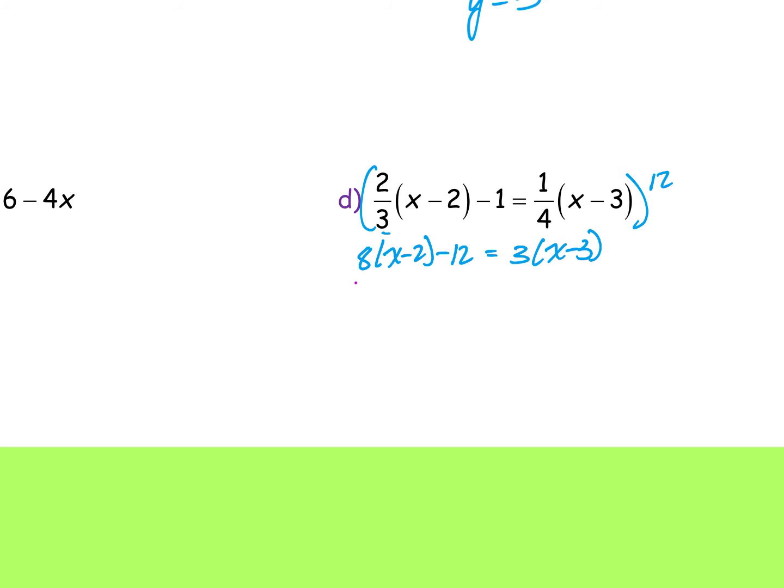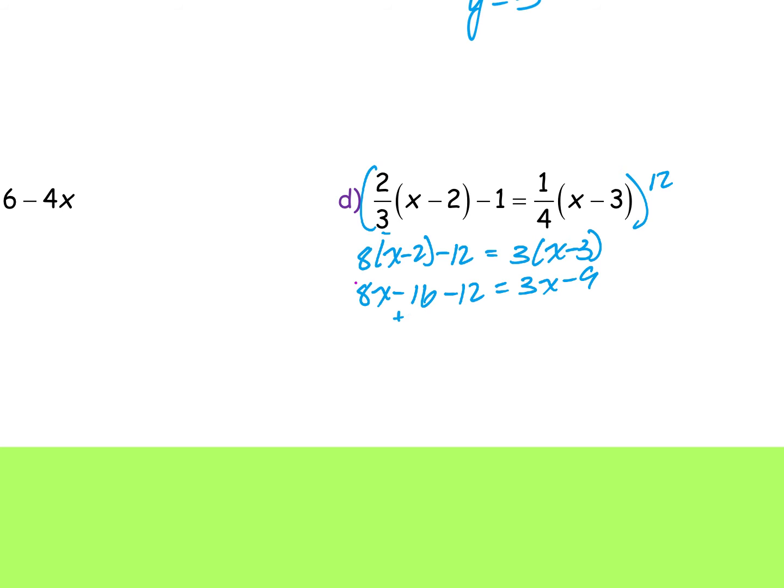Go ahead, George. I multiplied the 2 by 12 and then divided. Yeah, that works too. 3 times 12 is 24, divided by 3 is 8. Good. So distribute, so I get 8x minus 16 minus 12 equals 3x minus 9.